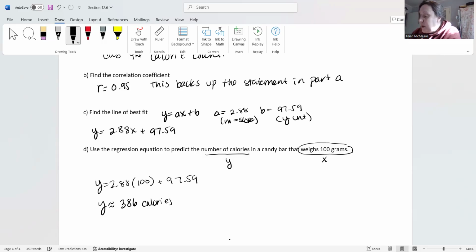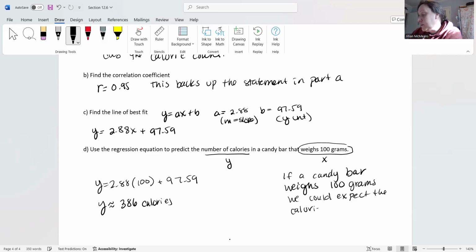In words, that means if a candy bar weighs 100 grams, we could expect, it doesn't mean it's going to be exact, this is just something that we could expect. We could expect the calories to be approximately 386.